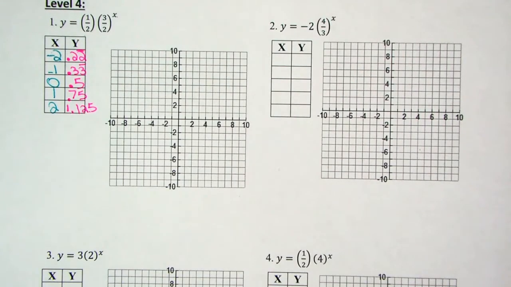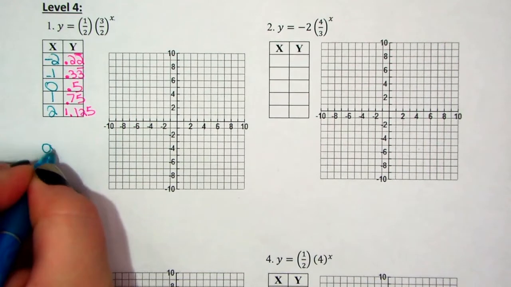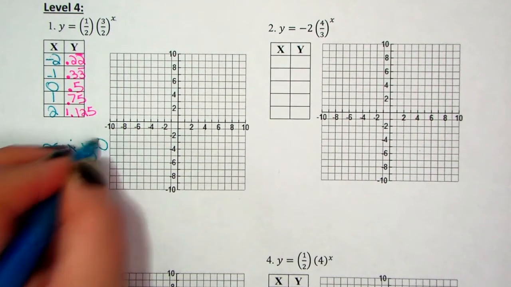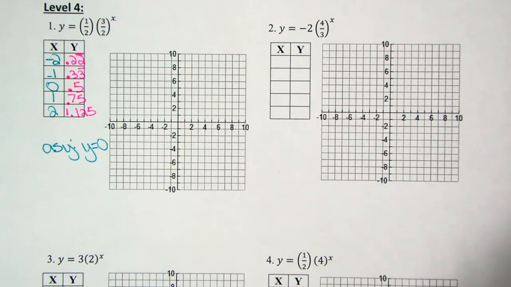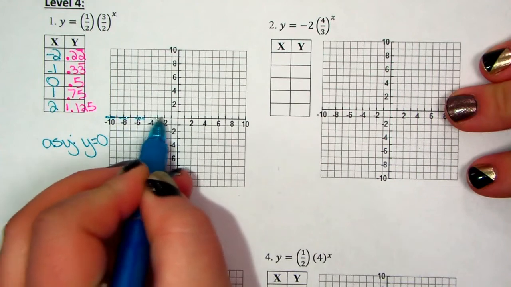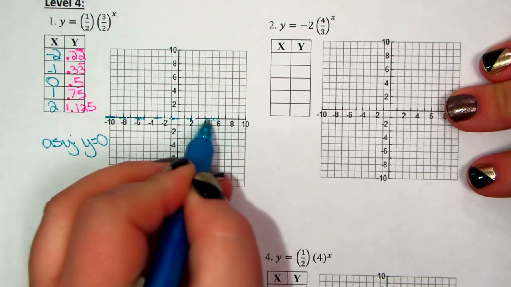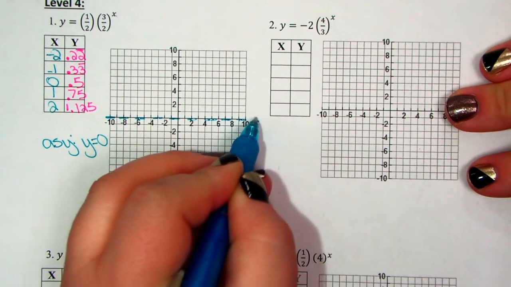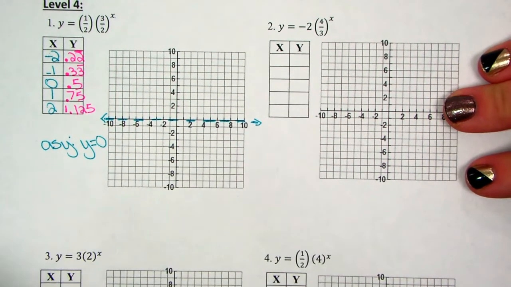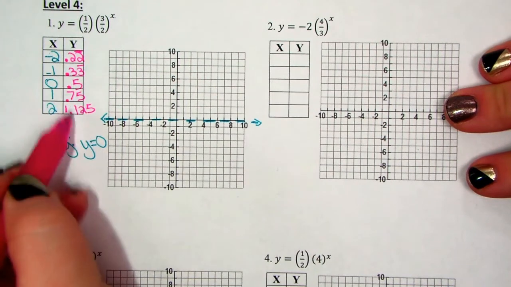we're going to plot our asymptote. Remember, our asymptote for this class is at y equals 0. Dashed line all the way down the x-axis. And then we're going to plot these points.